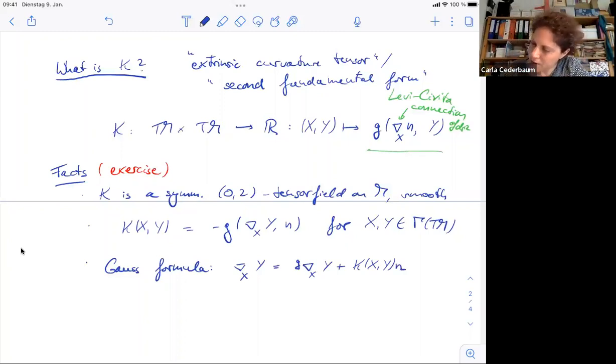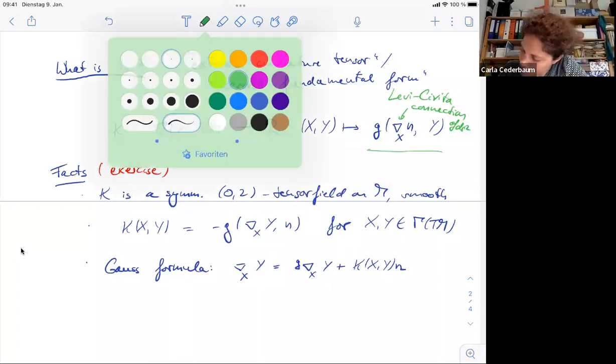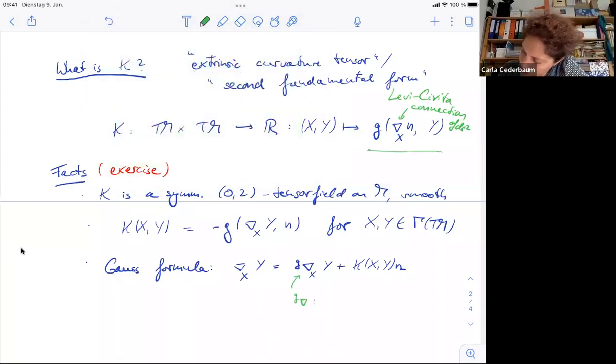Let me write it down: this is the Levi-Civita connection on M, g.